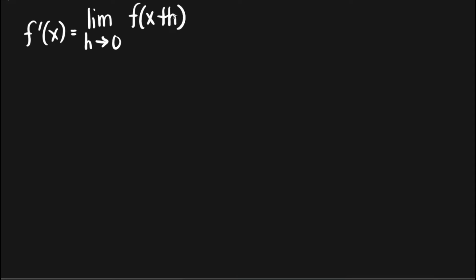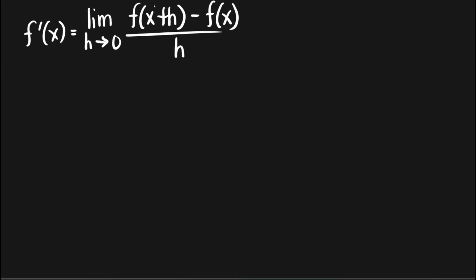The derivative of a function will be written as f prime of x, and it should be equal to the limit as h approaches 0 of f of x plus h minus f of x divided by h. And this will be the formula we're going to use to find the derivative of a function using the limit definition.